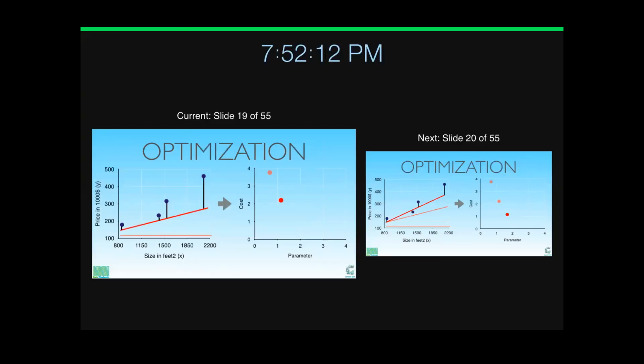And now I can do it again, and the overall error will be even smaller, until at some point, oops, now the error is bigger. The cost is bigger. So my optimal line in this very simple case is found by a parameter value that's somewhere here, between this value and this value.